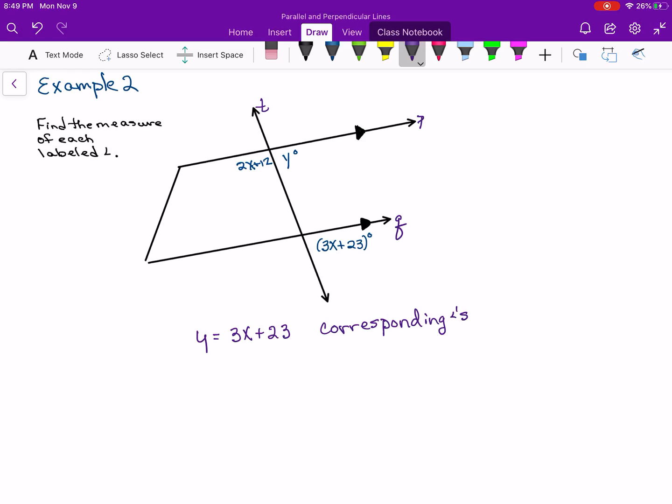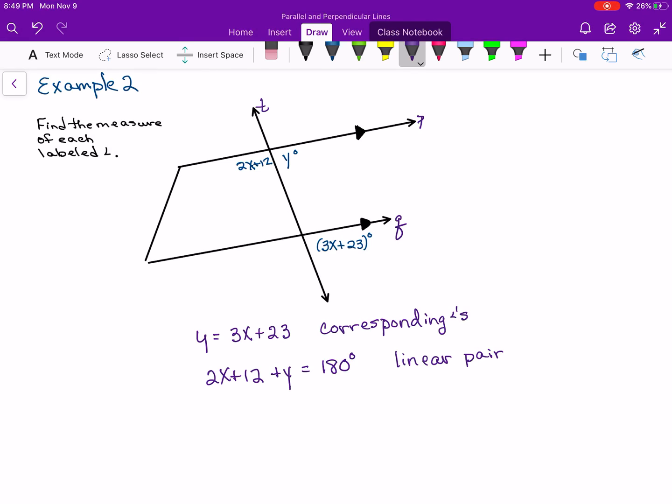And if we look up on line P, the 2x plus 12 and the y are a linear pair, which means if you add those together, you get 180 degrees. A linear pair, remember what that is, 2 angles that are adjacent and their outside sides form a straight line.